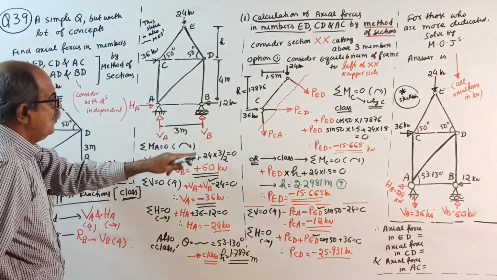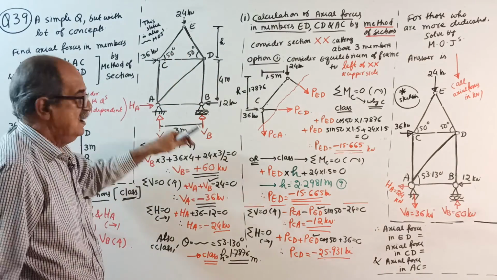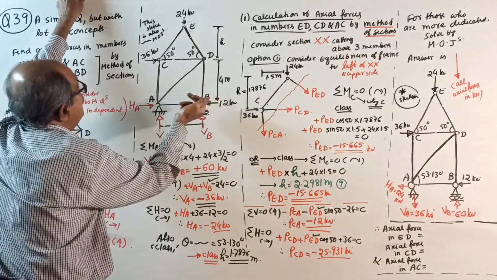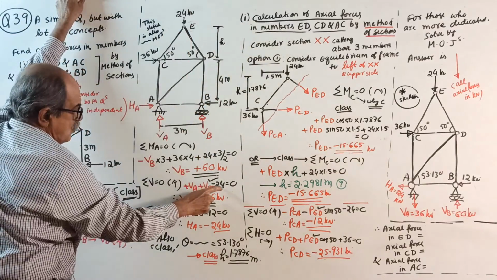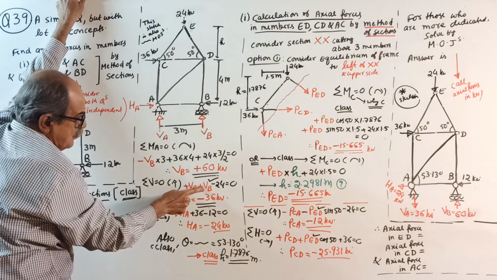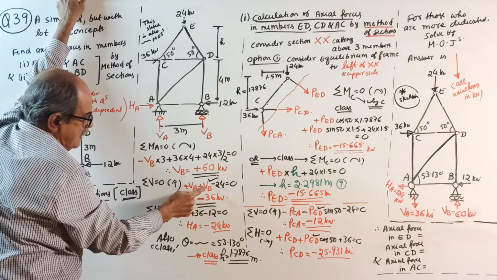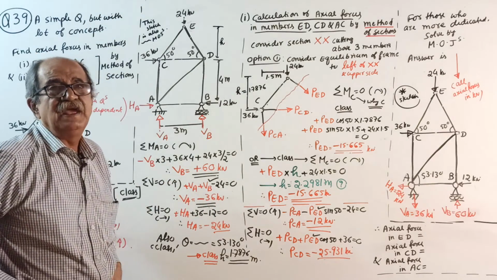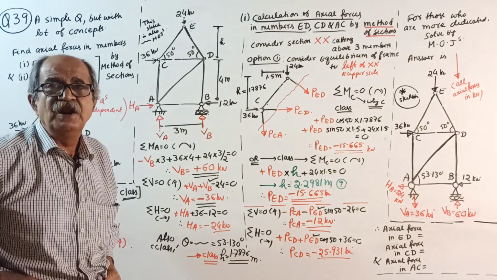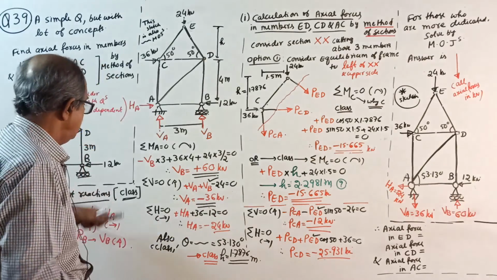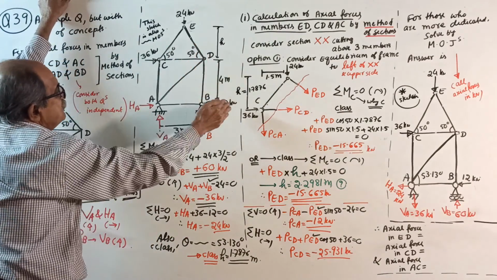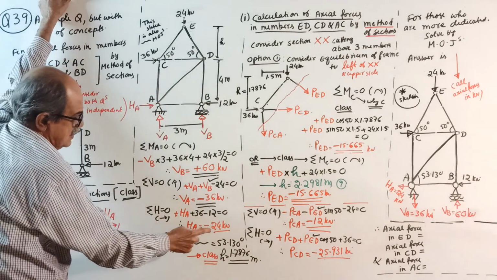Equal to 0. VB will come plus 60. Sigma V equal to 0, upward positive: plus VA plus VB minus 24 equal to 0. Substitute for VB, VA will come minus 36. Suppose you make a mistake and forget the minus sign, gone case. Sigma H equal to 0: plus HA plus 36 minus 12 equal to 0, HA will come minus 24.